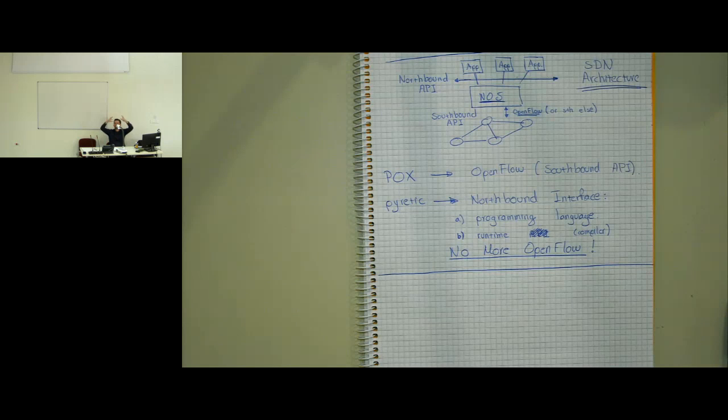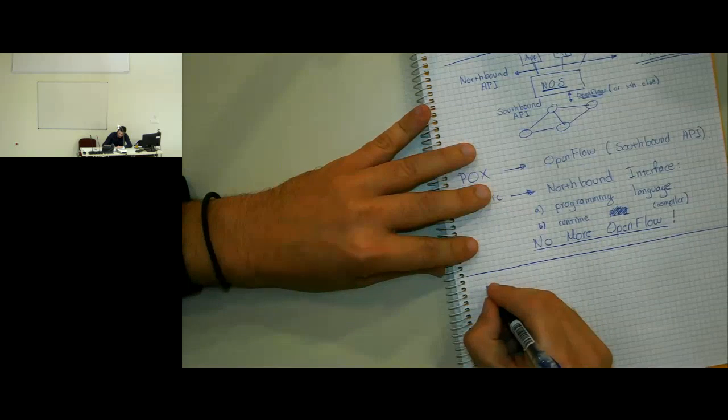Then if we want to implement a gateway that combines multiple different functions, which is common today, gateways do many different things. They don't do just switching or just routing. Then the goal of Pyretic is to make it possible to easily compose functions. So for this reason it is called compositional.